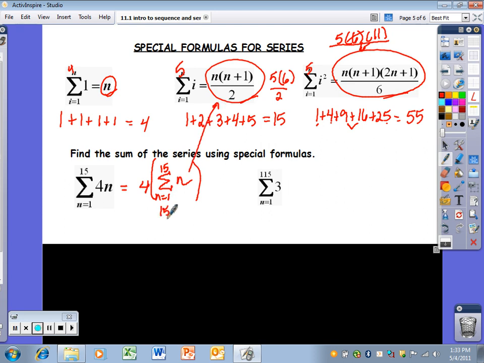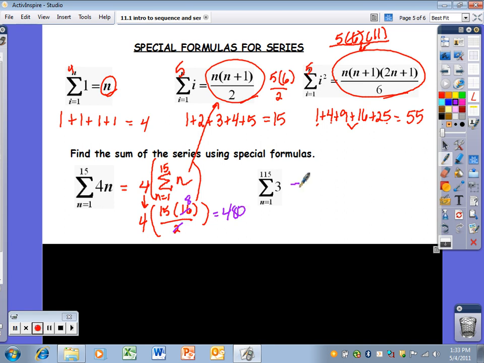So it's 15 times 16 over 2. But I still have this 4. So let's reduce here. So 32 times 15. 480. It's a quick way to get to the sum. Rather than have to add up 1 plus 2 plus 3 plus 4 plus 5 plus 6 plus 7 plus 8 plus 9 plus 10 plus 11 plus 12 plus 13 plus 14 plus 15. Add all that up and then multiply by 4. We can do it this way.